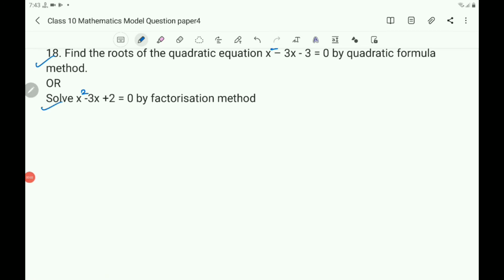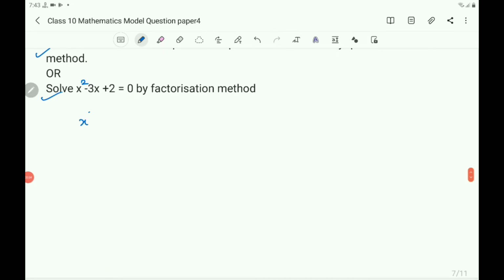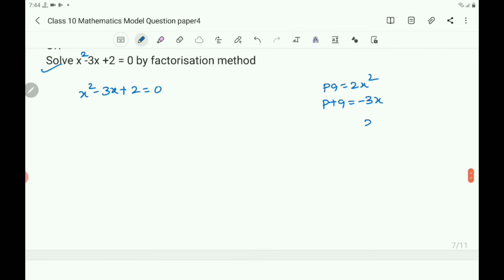Then you take this question, x square minus 3x plus 2 equals 0. Here you take the sum and the product. Here the product is pq equals 2x square and the sum p plus q is minus 3x. Here we have to split 2x square.